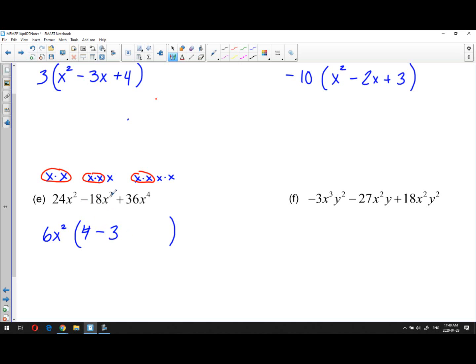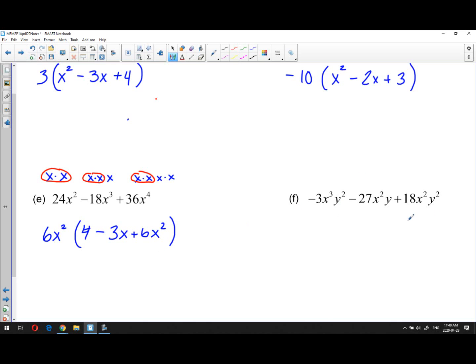Now x cubed divided by x squared is just x. And we can see that because we had 3 x's together being multiplied, but we took 2 of them away, so only 1 is left. And now lastly, 36 divided by 6 is 6. X to the exponent 4 divided by x squared is x squared. 4 x's being multiplied together, took 2 of them out, we're just left with 2. All right, and so that's the factored form of this one.